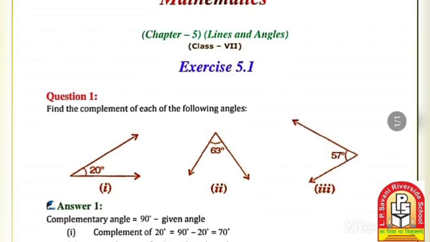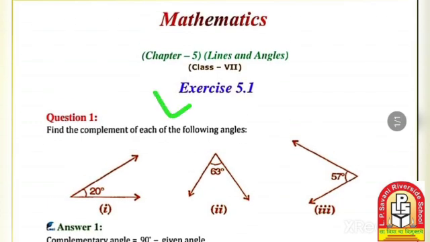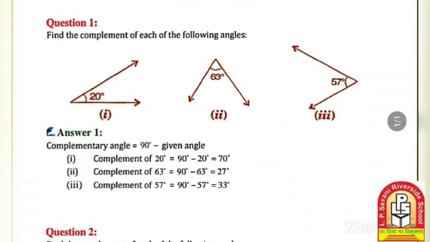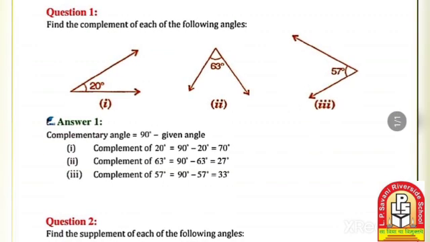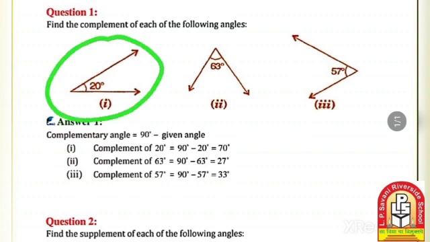Let's start with exercise 5.1. In this exercise, question number 1: find the complement of each of the following angles. The complement of 20 is 90 minus 20, because we want to make a 90 angle from this 20 angle, so we have to add 70 degrees to make this angle 90.